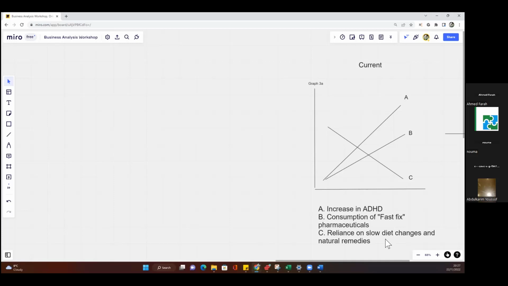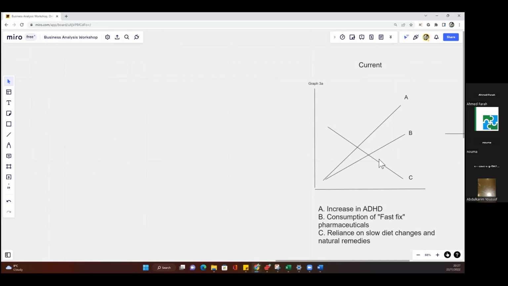And C is a reliance on a slow diet change and on natural remedies to cure your body. So these are trends. The data shows that A and B are on the uptick, and C is actually on a downwards trend, right?